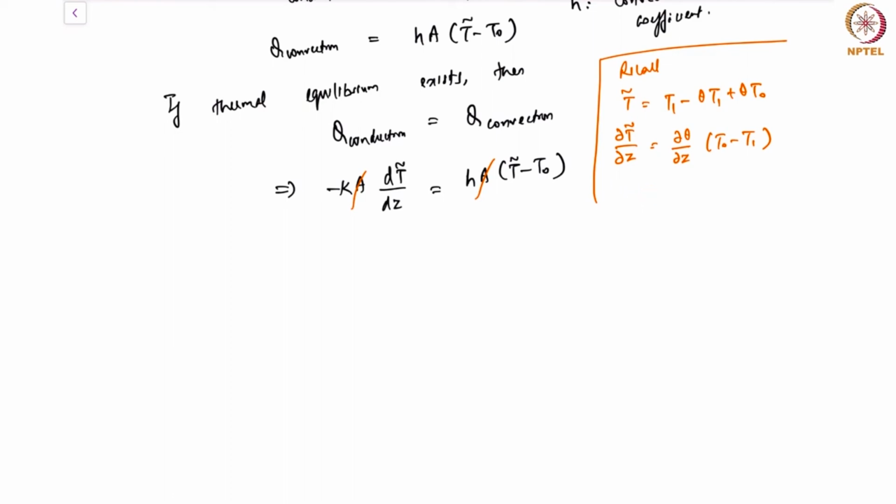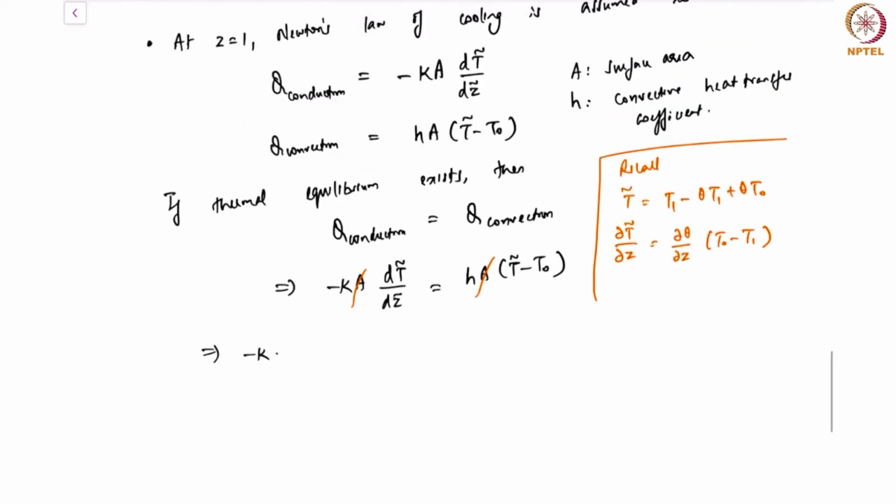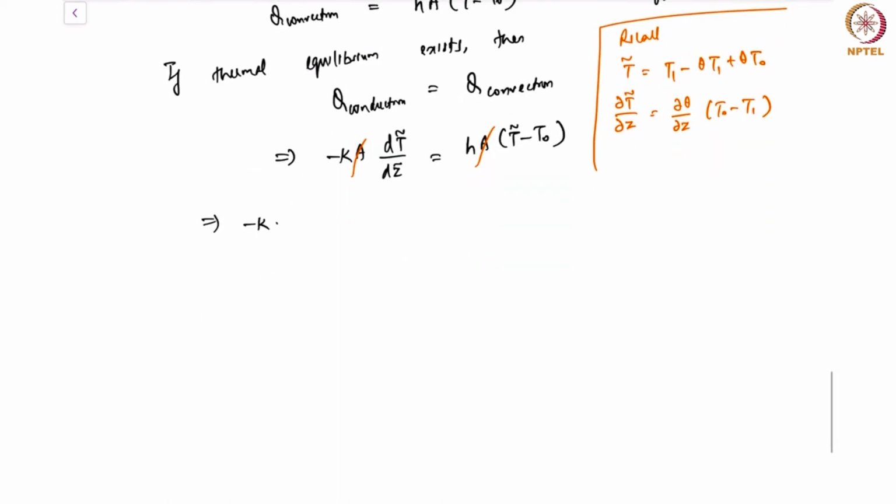So what we now have is minus k dT by dz. This should be dimensional. dT by dz will be (T naught minus T1) del theta by del z tilde.